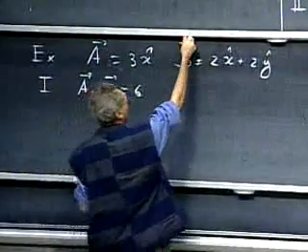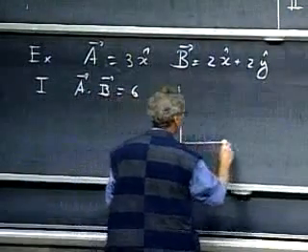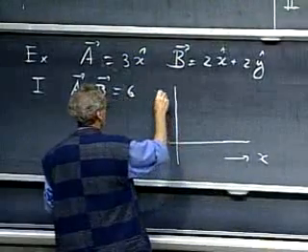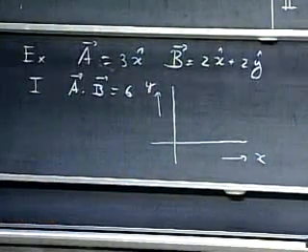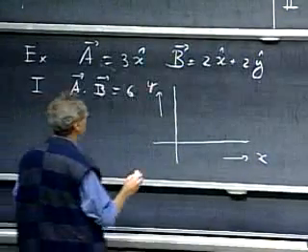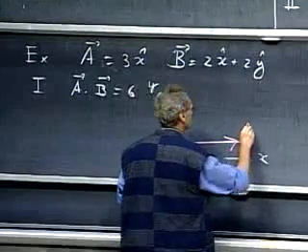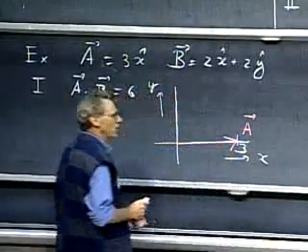It's a little bit more complicated, but I certainly want to show you that it works. If this is the x direction, and this is the y direction, we don't have to look into the z direction because there is no z component, then this would be vector A, and this point would be at 3.